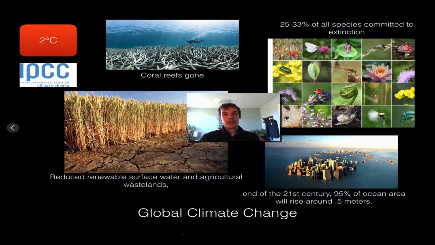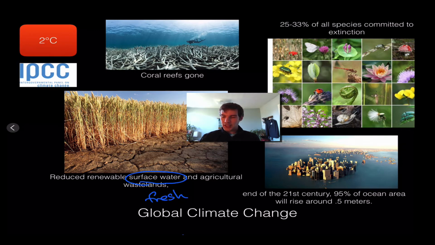And then a 2 degree Celsius rise globally is going to change a ton, and we should try and avoid this at all costs. So coral reefs are going to be completely gone. The surface water, which is really important for us, so fresh water, not salt water, will be hard to find, and we need that fresh water for our crops.